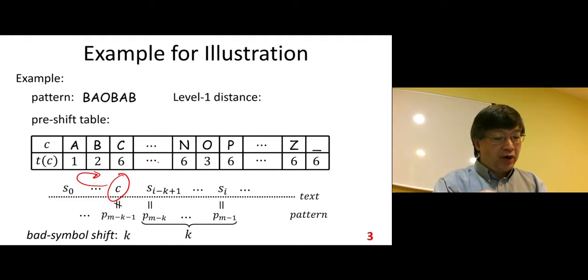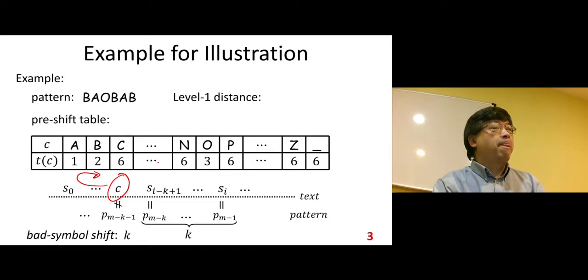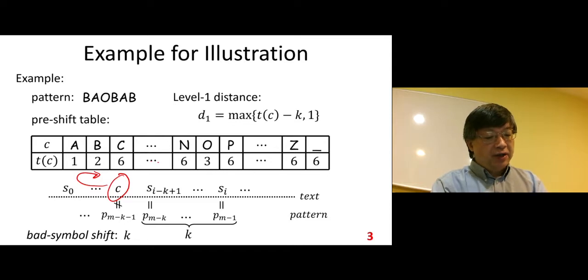I call that distance the level 1 distance. We define the level 1 distance as D1 equals the max of T of C minus K, and 1. Which one is larger, we take that. That's the definition. But why this?